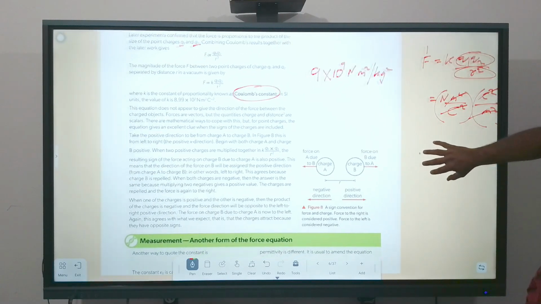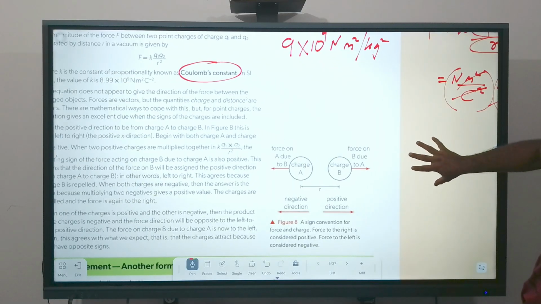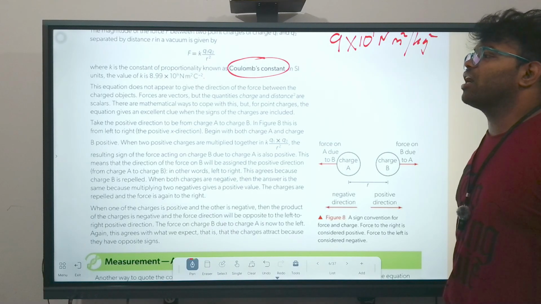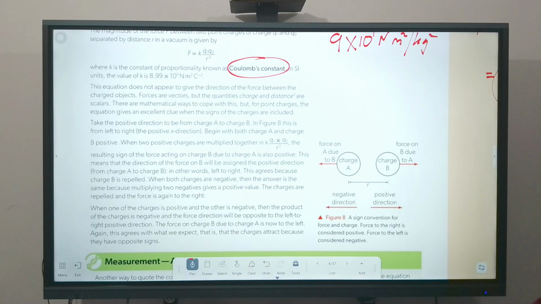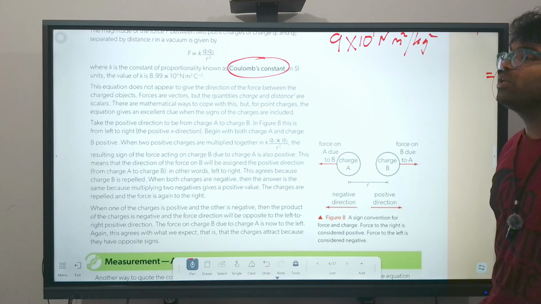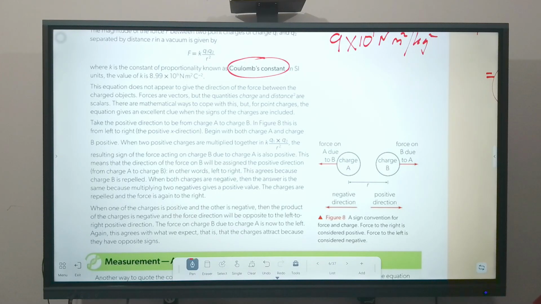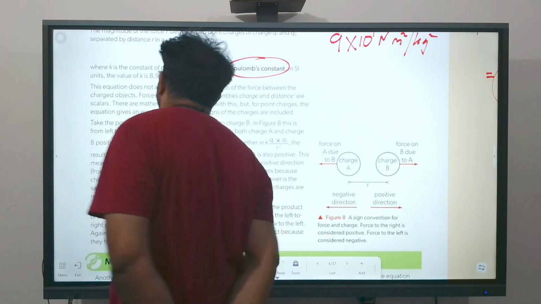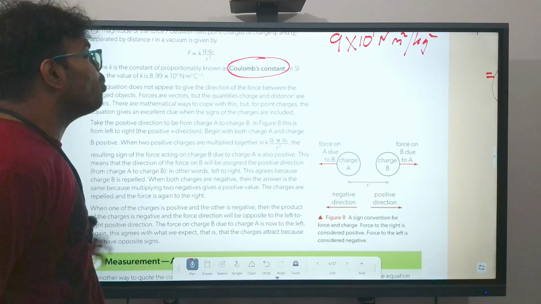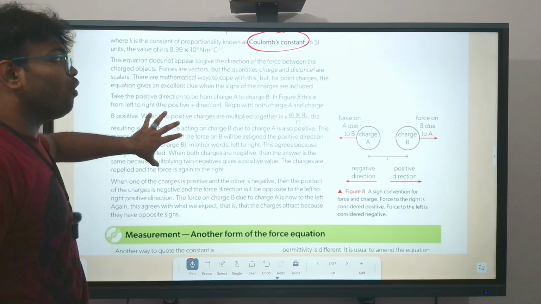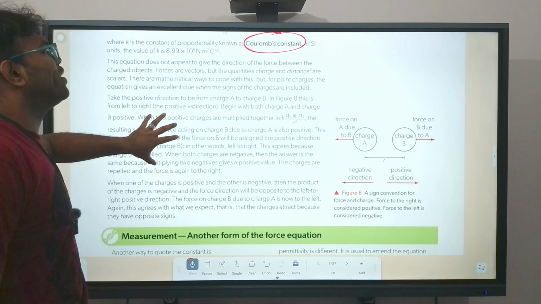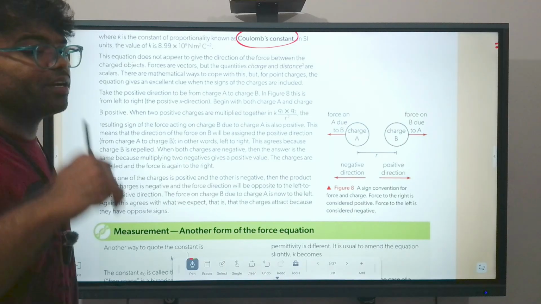Okay, next. Now, the equation does not appear to give the direction of force between the charged objects. Forces are vectors, but the quantities, charges, and distance squared are scalar. There are mathematical ways to cope with this, but for point charges, the equation gives an excellent clue when the signs of the charges are included.